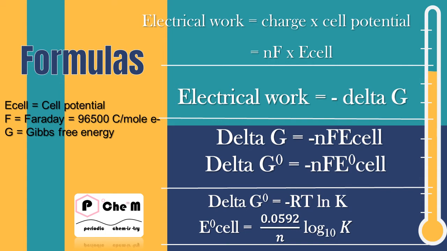We have seen a similar formula for cell potential in my previous video on the Nernst equation. It was for the cell potential, while this is for the standard cell potential. K is the equilibrium constant, R is the gas constant, and T is the temperature. Let's see how to use these formulas to solve the numericals.